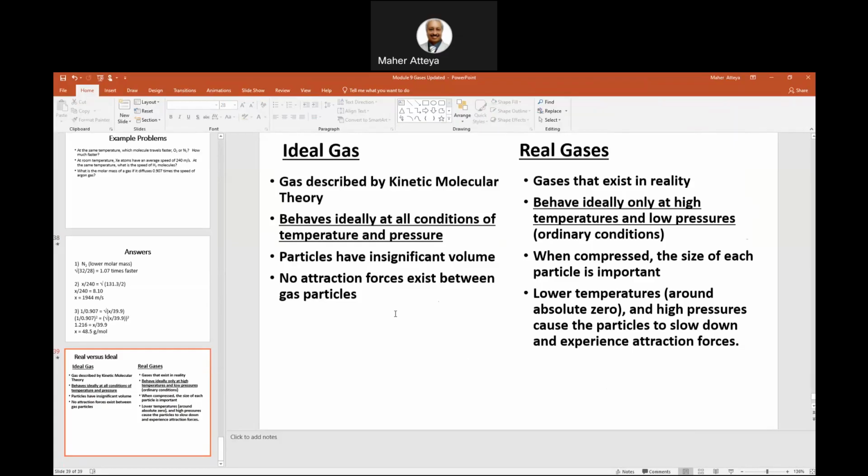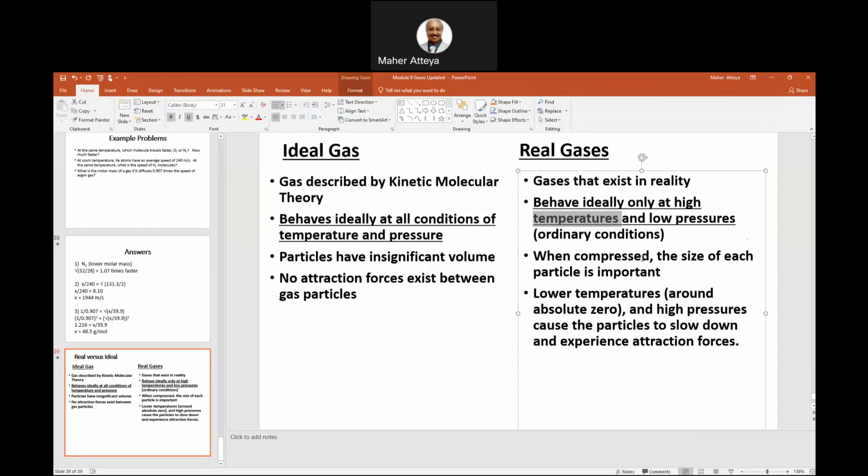Some gases found on the earth are found in the sun as well. So those gases at the sun's temperature and very, very low pressure behave ideally. So you can see a real gas can behave ideally at very high temperature.